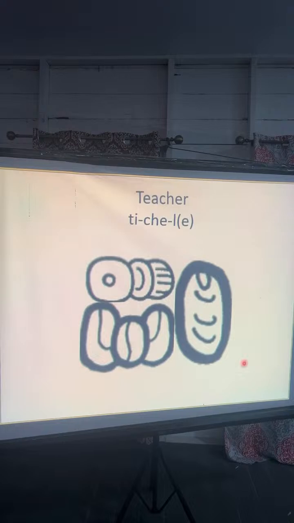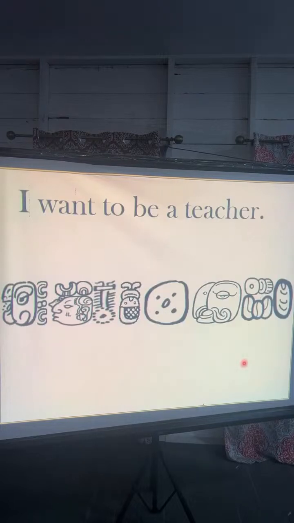So teacher, this is one way of writing it. You go, I want to be a teacher. Now, I don't know if you can imagine this, but imagine we want to make that out of the way.